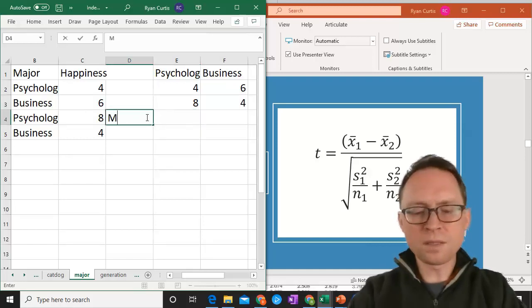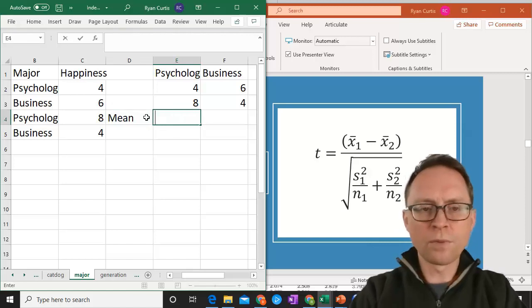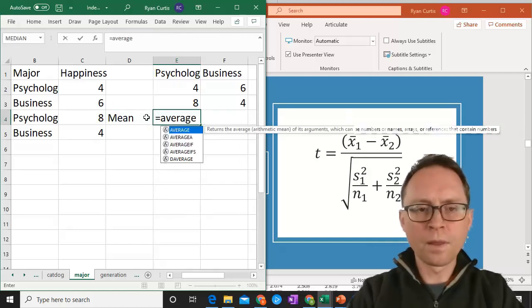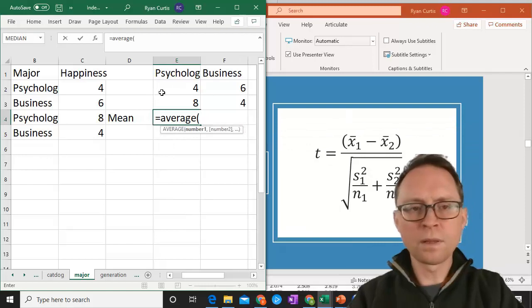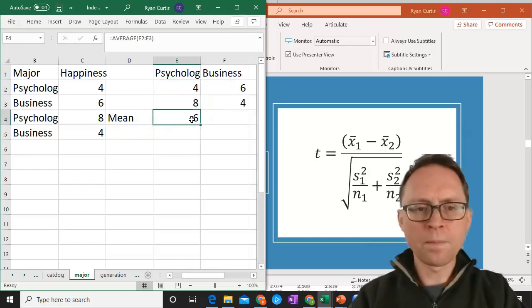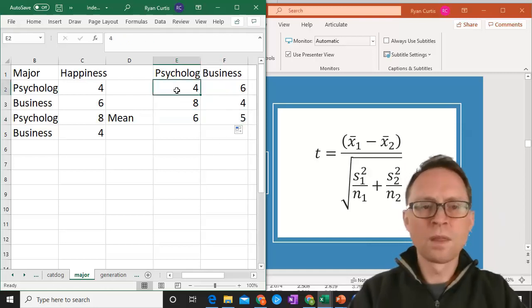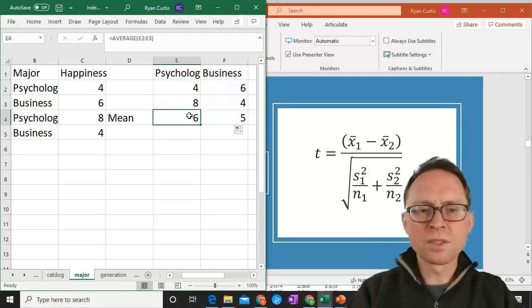When I look at the means, what I'm looking for is the mean of these 2, and then the mean of those 2. So the mean of psychology majors is 6.